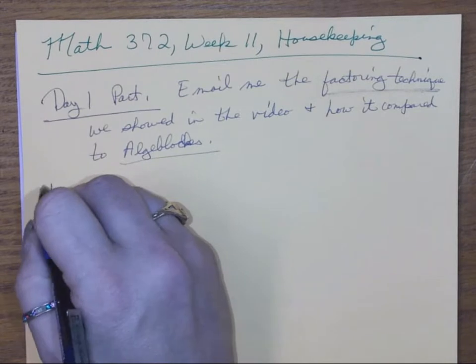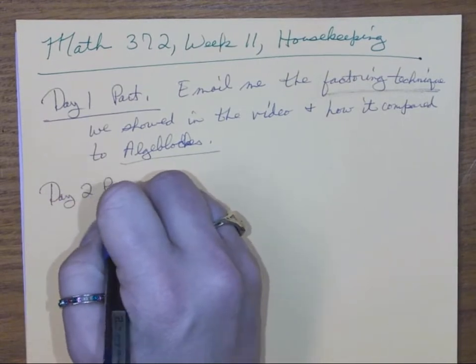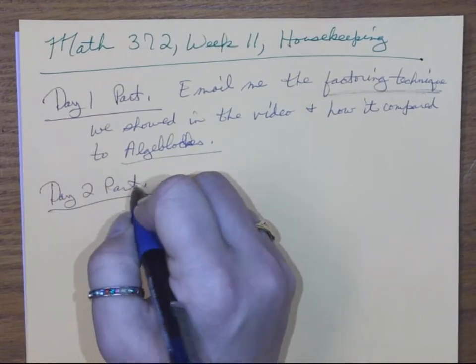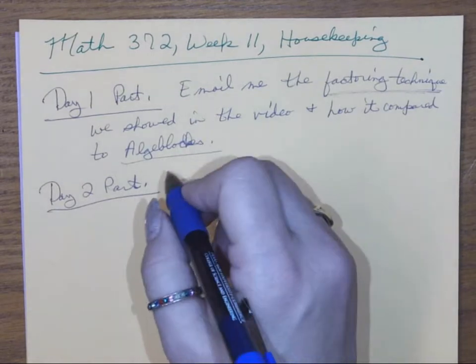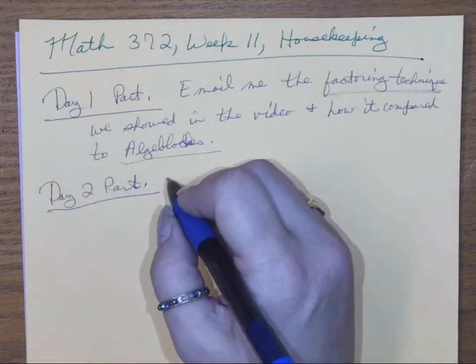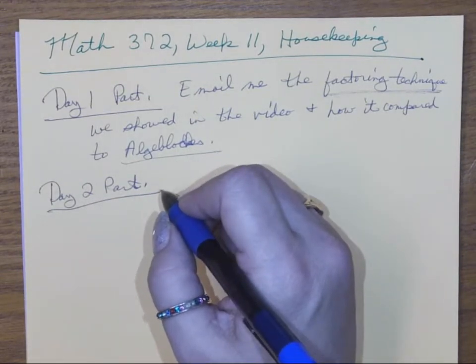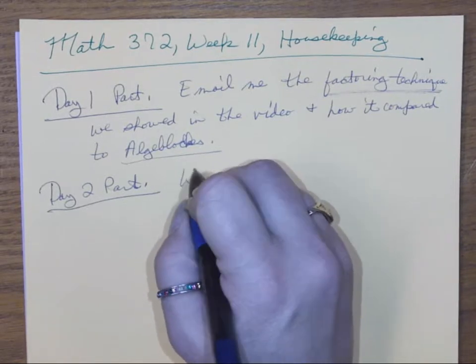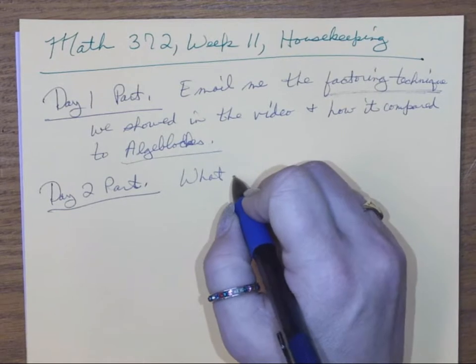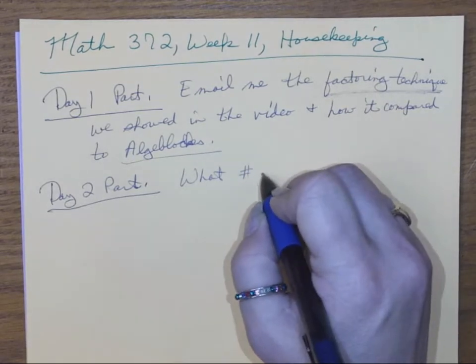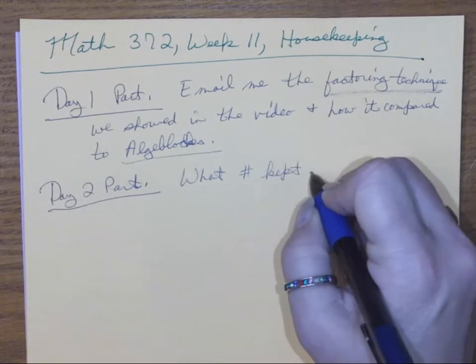Then your day two participation: there was a particular number that just kept on popping up over and over, and I told you that was just a mistake. It doesn't always happen that way, right? So I want to know, email me, what number kept popping up.